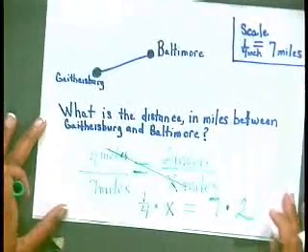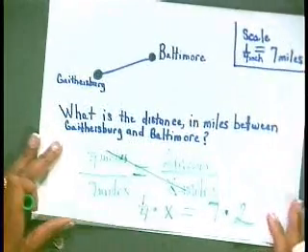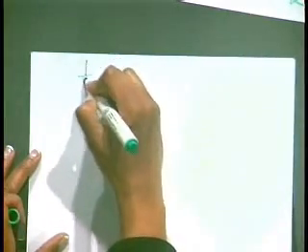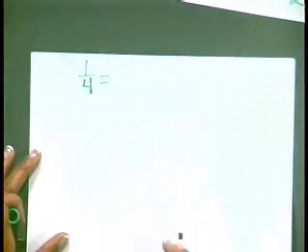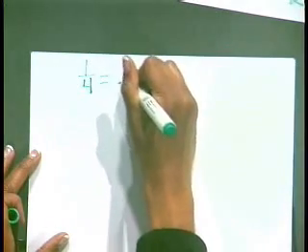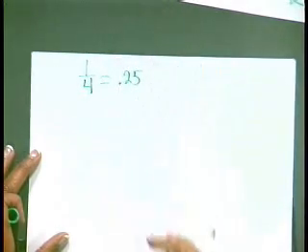Now after we multiply, we're going to simplify it. I'm going to go to my next sheet because I'm running out of space. We have 1/4 times x equals 7 times 2. Instead of using 1/4, I know 1/4 as a decimal is equal to 0.25 or 25 hundredths.